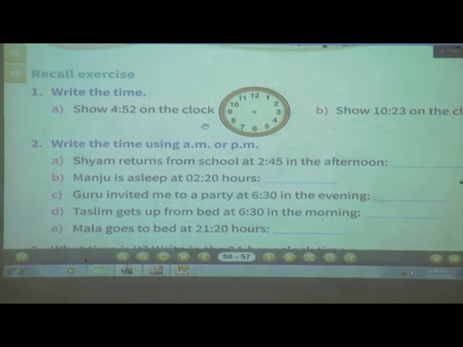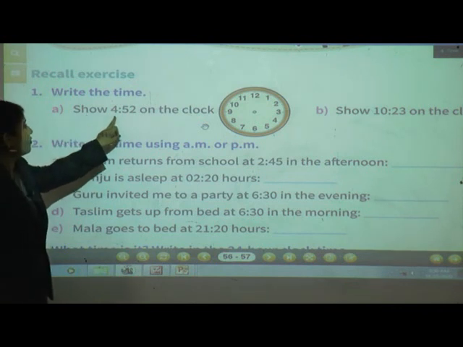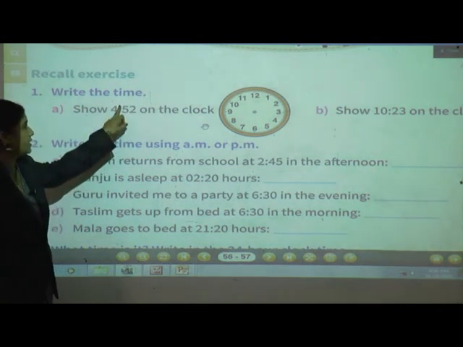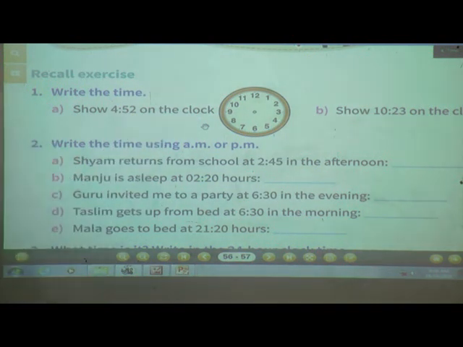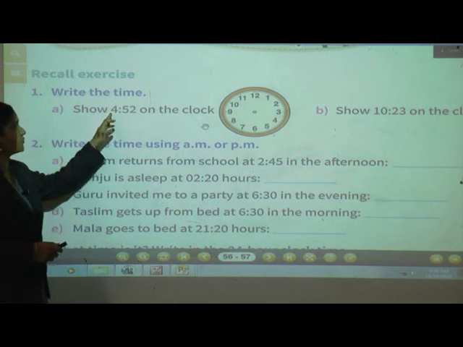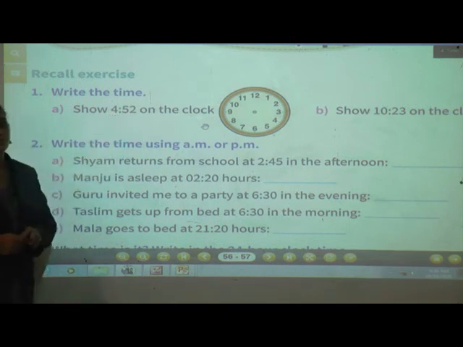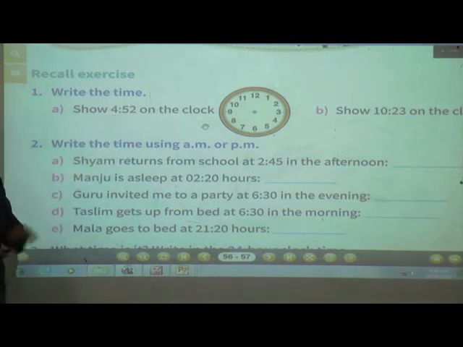Here, write the time. Show 4:52 on the clock. This is a colon. Is it 4 minutes? No. 4:52 means 4 hours 52 minutes.